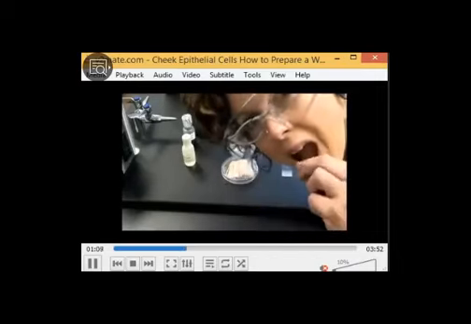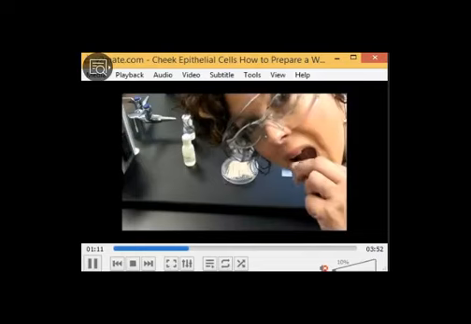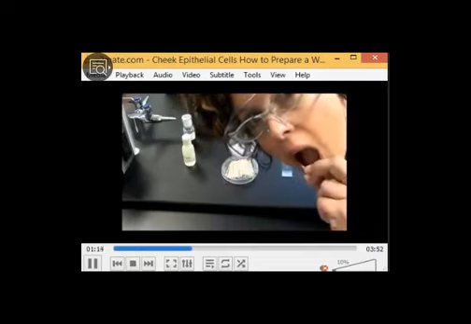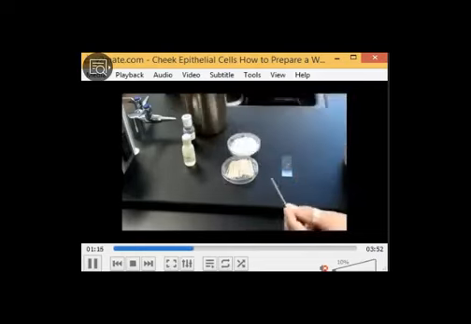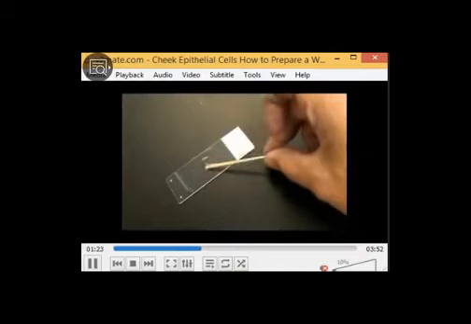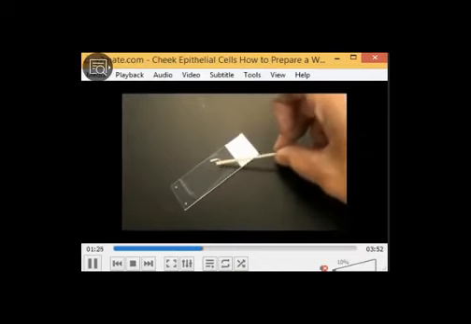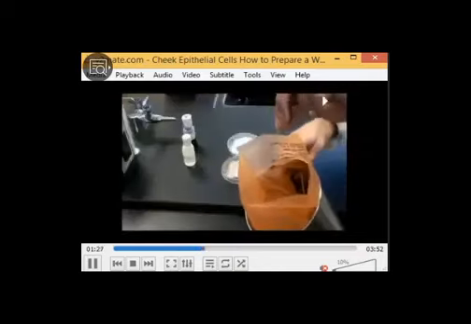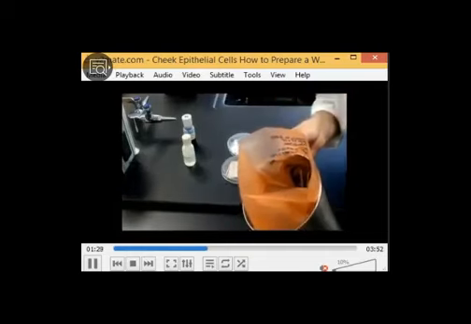Do not prick, just roll. Then put this toothpick in the drop of water and mix. This will shift all the cells from the toothpick into the drop of water. And now throw the toothpick.